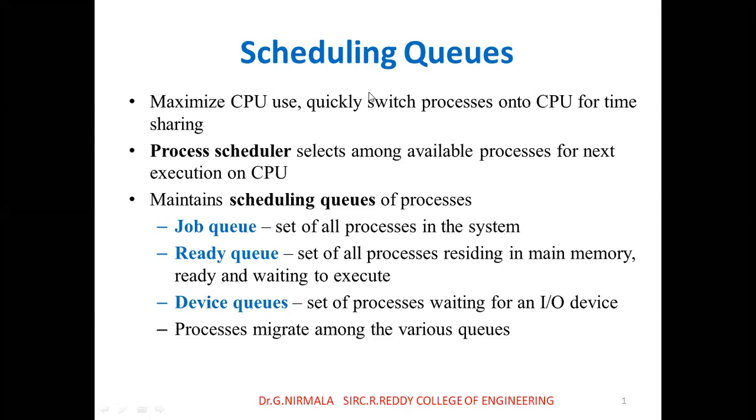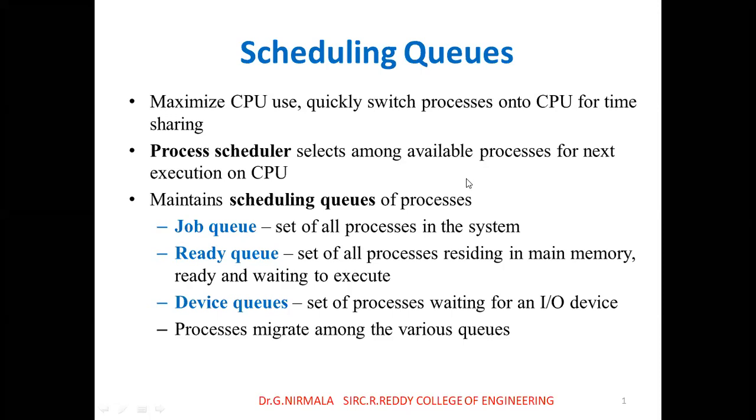Those 2 factors we have to consider. Based upon those 2 factors, we have to schedule the CPU. The process scheduler selects among available processes for next execution on the CPU.